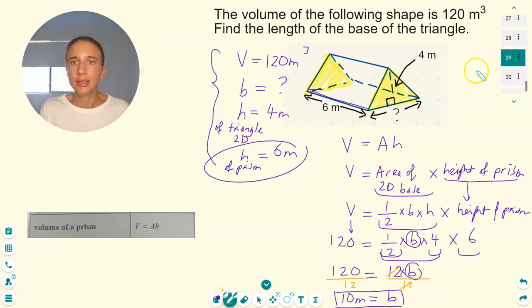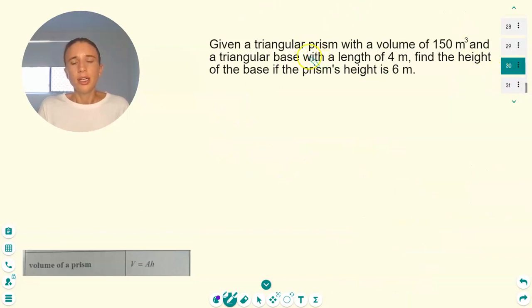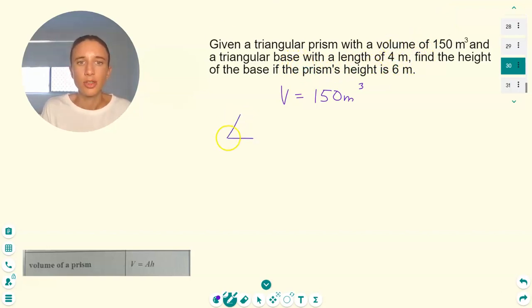Okay, so now let's try another one. Given a triangular prism with a volume of 150 meters cubed, you can make a data table as you go, and a triangular base with a length of 4 meters.